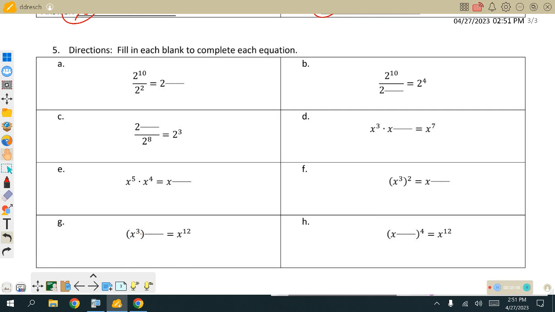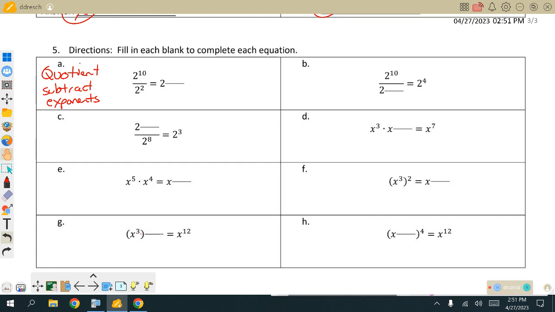Today, the first one, I see division. And when I see division, this is what we call our quotient rule, where we are subtracting exponents. So what does that blank have to be?